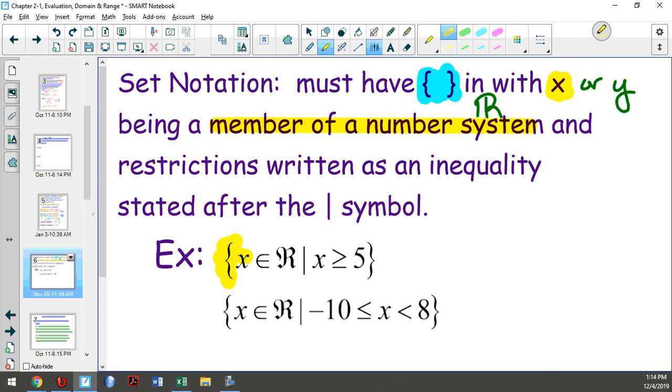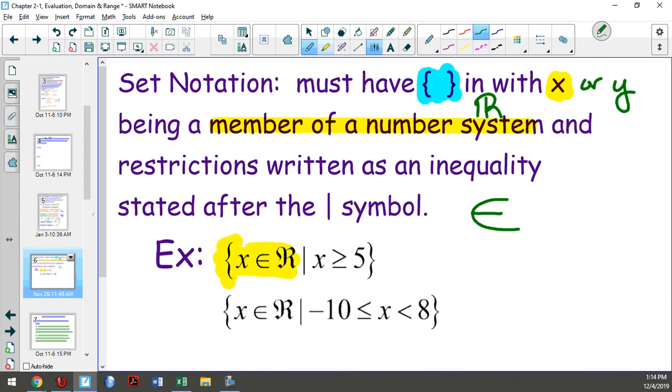Now, here's the kicker. The brace is there. Then I'm going to say X is an element of the reals. That element symbol is a curved E. One more time. The element symbol is a curved E. It is simply making a C and putting an extra line into it. That says I am a member of the real number system. Make sense?